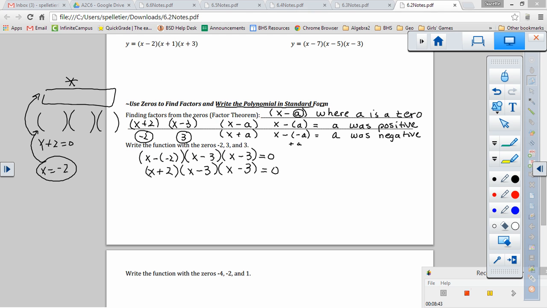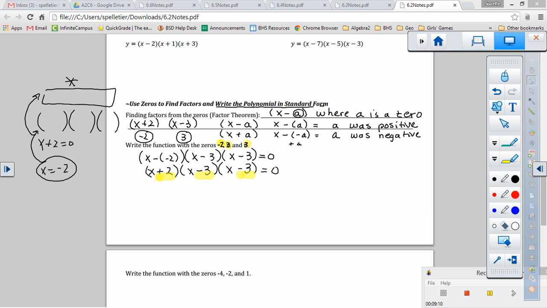Okay? So you have to remember that when you're plugging it in, you're putting in the opposite sign. Negative 2 is a positive 2. Positive 3 is a negative 3. Positive 3, negative 3. Please be very aware that when you put them back into the parentheses, you have to take into consideration the factor theorem and the fact that it's going to be backwards.